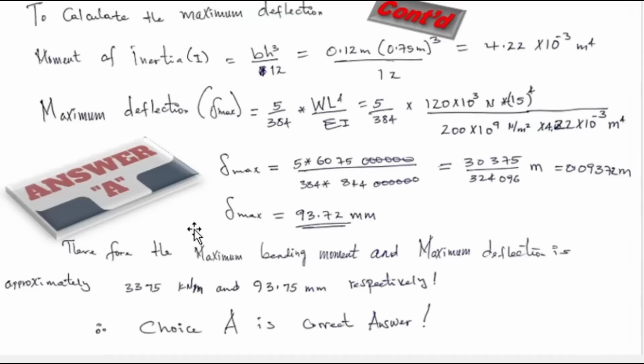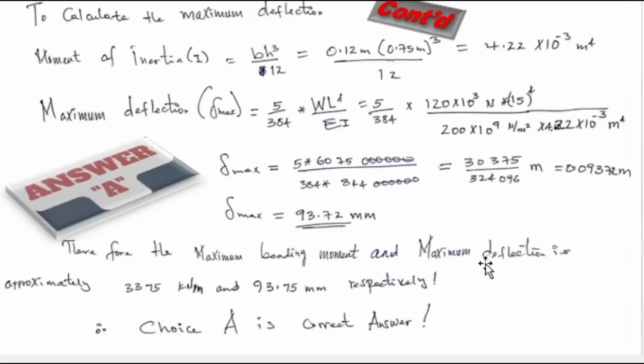And the maximum deflection of the beam is equal with 0.09372 meter, and when we multiply this by 1000, it becomes 93.72 millimeter. Therefore, the maximum bending moment and the maximum deflection is approximately 3,375 kilonewton times meter and 93.75 millimeter respectively.